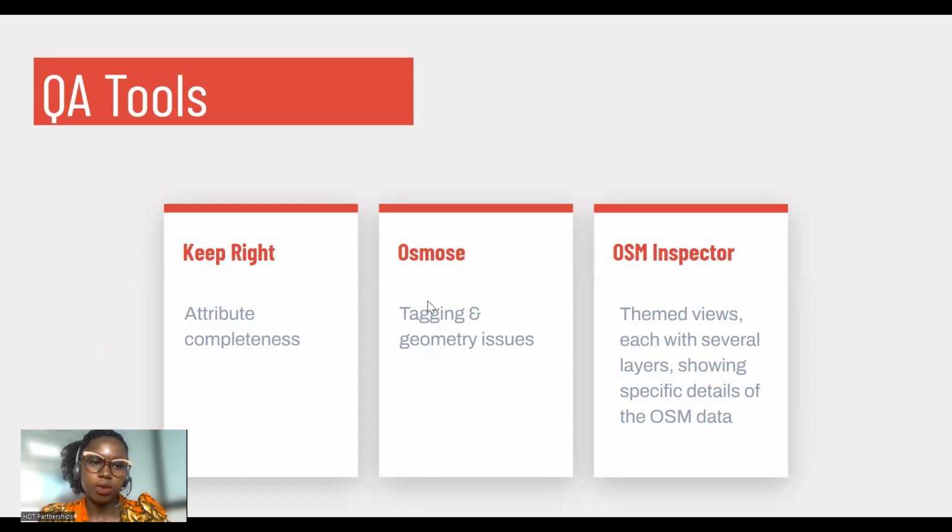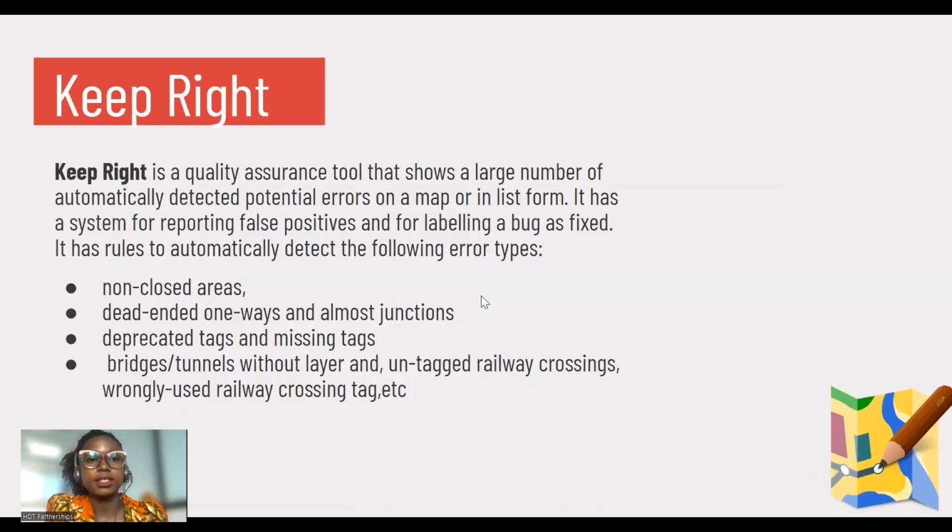KeepRight is about completeness. OSMose, rather, is about tagging and geometry issues. And then OSM Inspector is also about tagging, as you'll see, as well as other different data quality aspects.